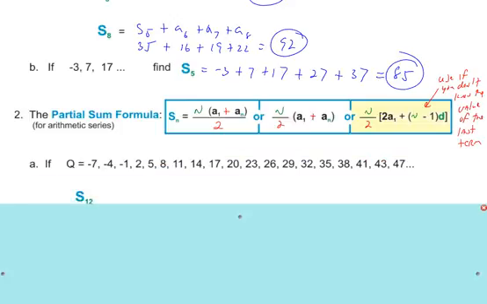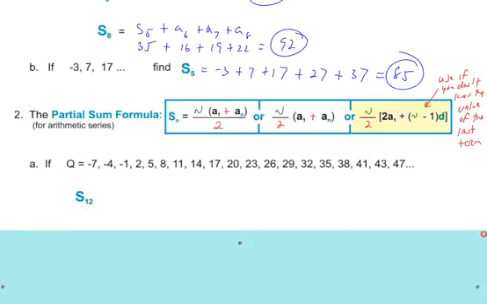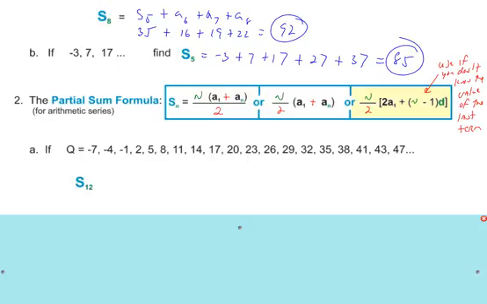All right, so let's do a couple sequences here using the formula. On this one, they want you to do S sub 12. So we want to sum the first 12 terms. And I don't even know how many I wrote here. 1, 2, 3, 4, 5, 6, 7, 8, 9, 10, 11, 12. Right, so we're only going up through the 26.